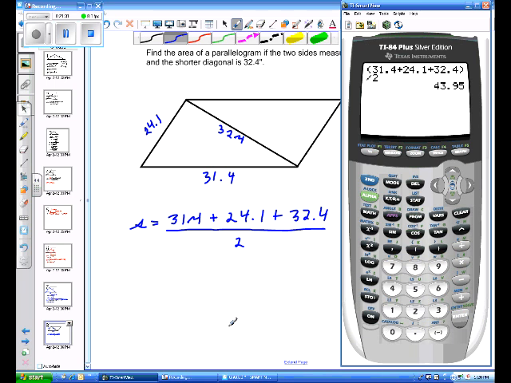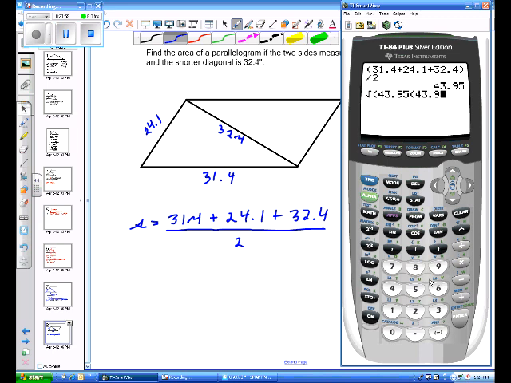So we have 43.95. Now, I'm going to find the area without writing all of those steps down. It's going to be the square root of my semi-perimeter, 43.95, and then it's my semi-perimeter and the difference of my semi-perimeter and each side.